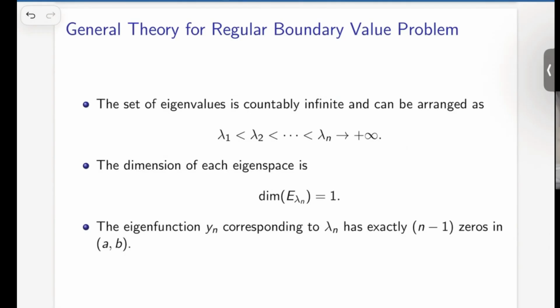What can we say about the dimension of the eigenspaces? For a regular boundary value problem, the dimension of each eigenspace is always 1. And for the nth eigenvalue, the corresponding eigenfunction has exactly n minus 1 zeros within the boundaries.